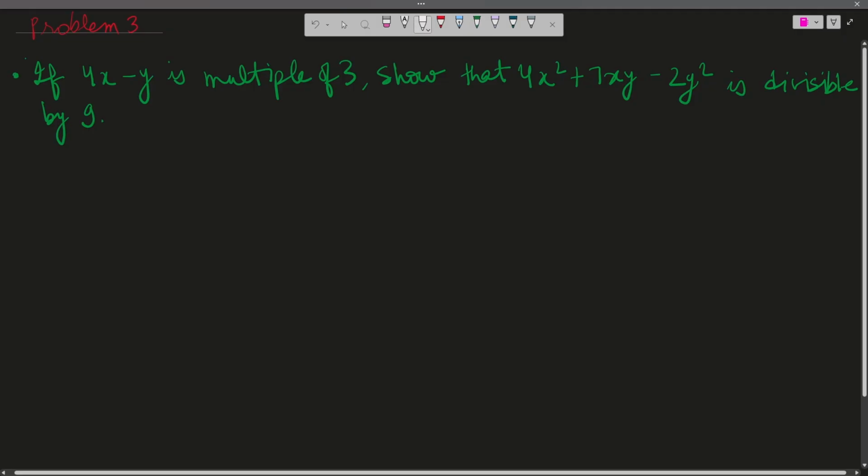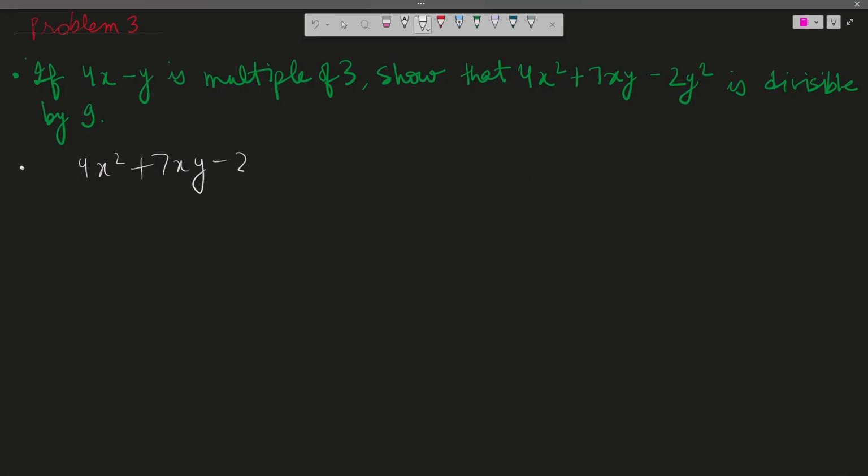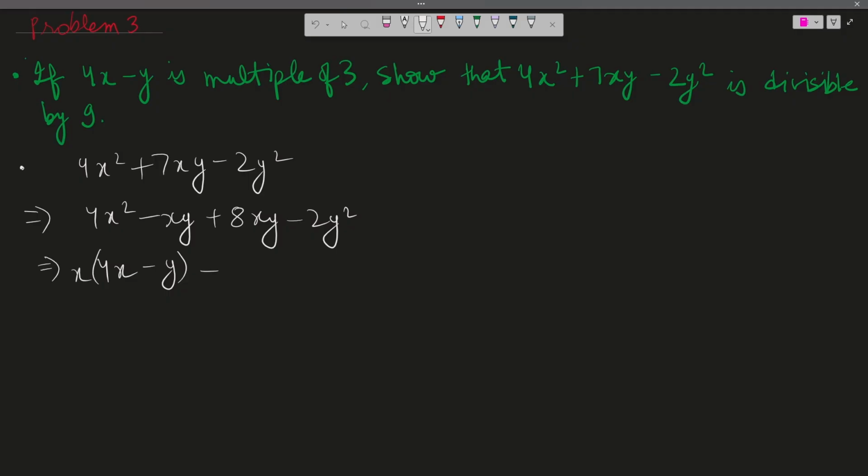We could do this very easily. Firstly, factorize 4x square plus 7xy minus 2y square. This could be factorized into 4x square minus xy plus 8xy minus 2y square. Again, taking x common, x into 4x minus y, plus 2y into 4x minus y.